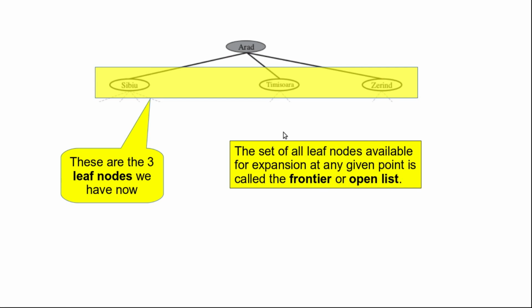So in this case we have 3 leaf nodes, which means in our frontier we have 3 nodes in our open list. Arad won't be on the frontier, only the leaf nodes will be in the frontier.